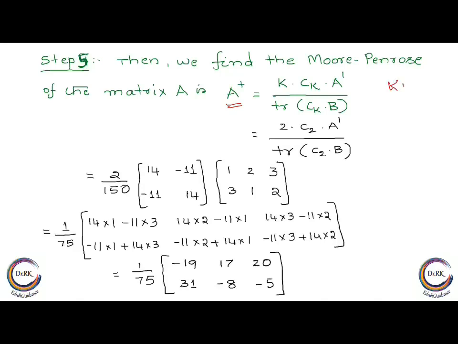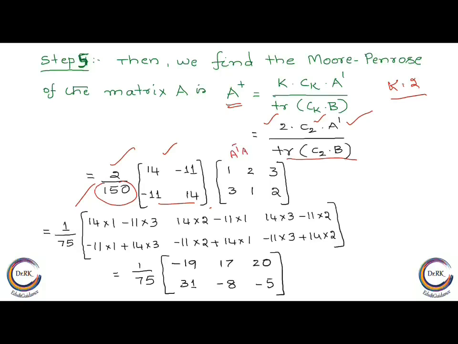So then k equal to 2, C2 A transpose, trace of C2b. All the values we had, right? 2, trace of C2 in the previous step we calculated, which is 150, and C2 what we had is 14, minus 11, minus 11, 14, and B is what we calculated at the beginning, right? A transpose into A, right? That is.